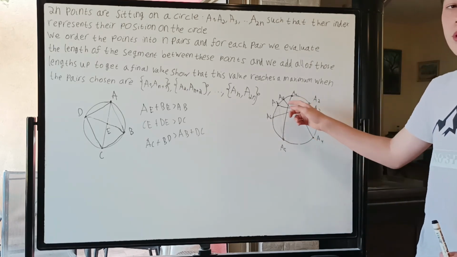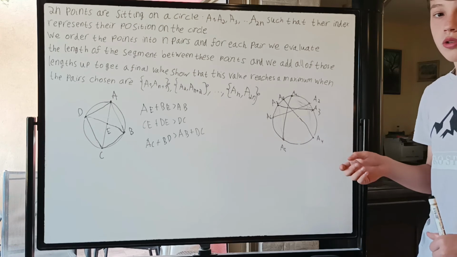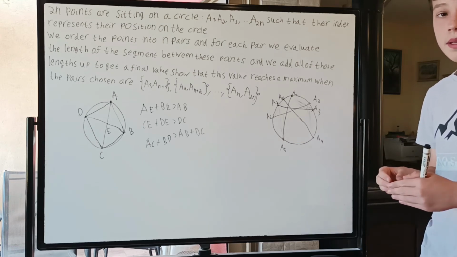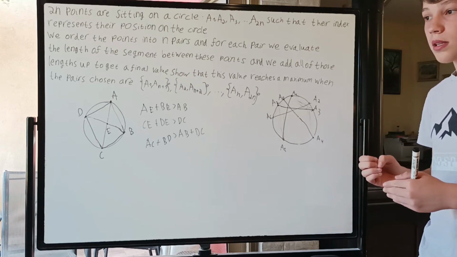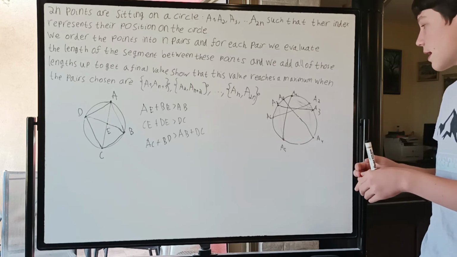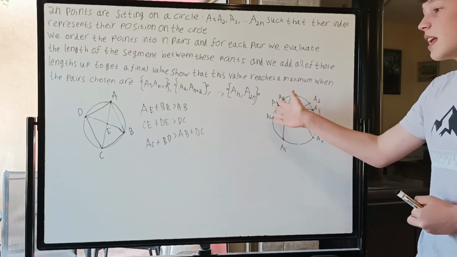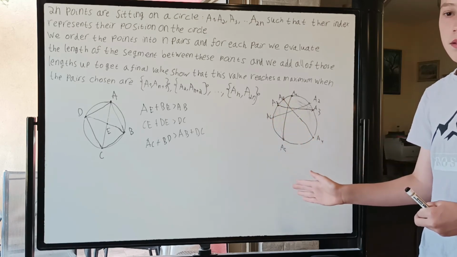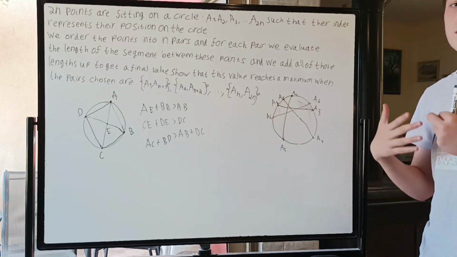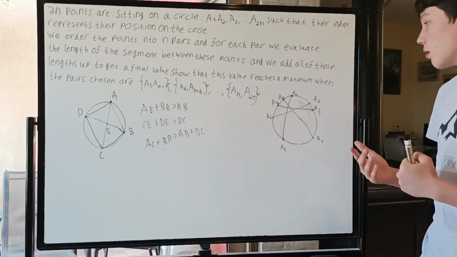So if we want A1 and some other point to cross with every other segment, we want all the starting points to be on one side, and all the end points on the other side. And so we want the numbers to be equal, right?